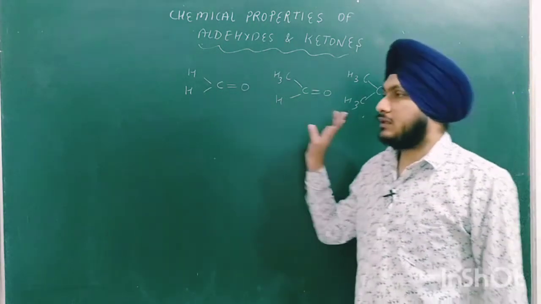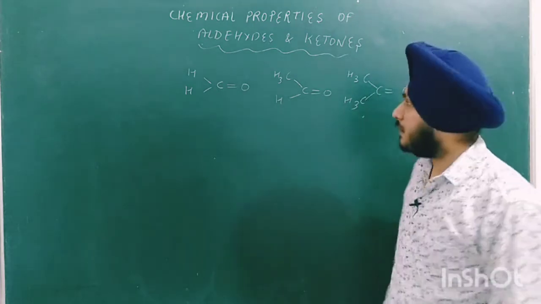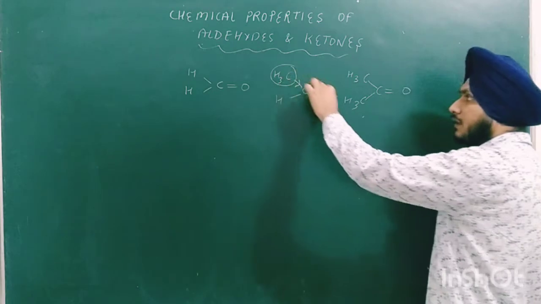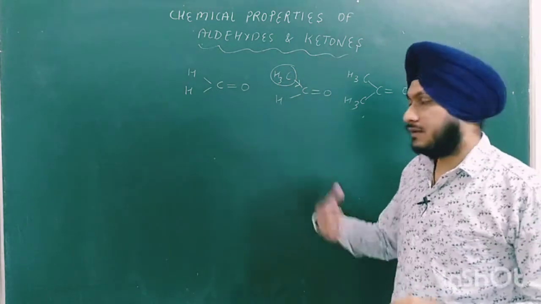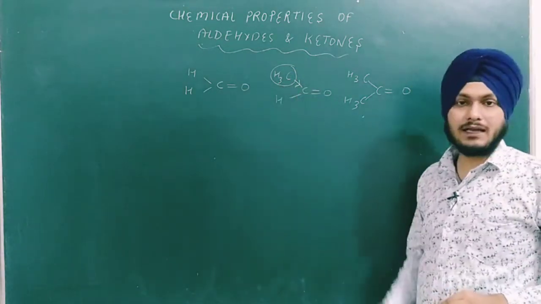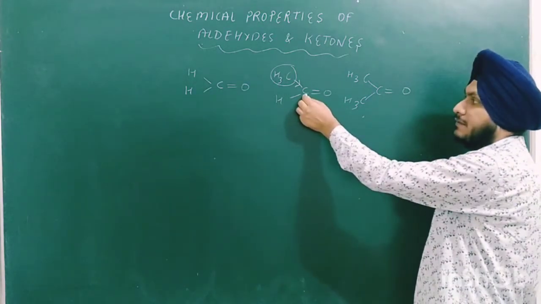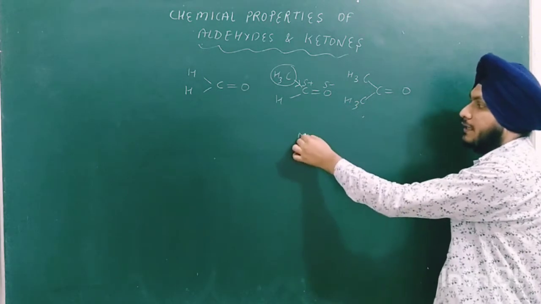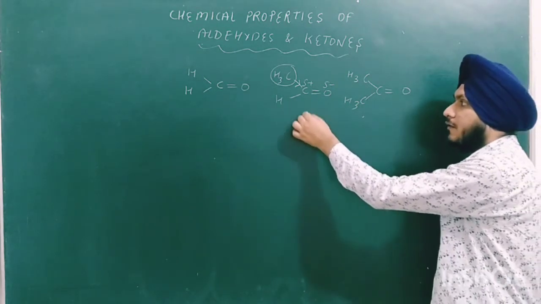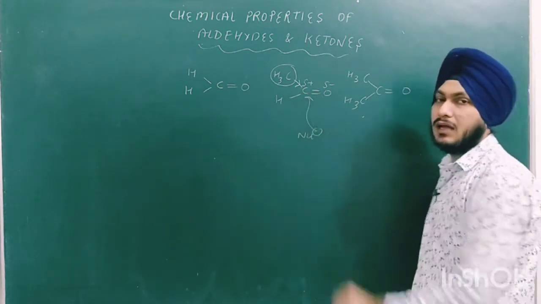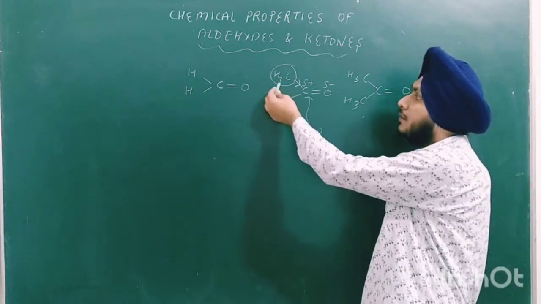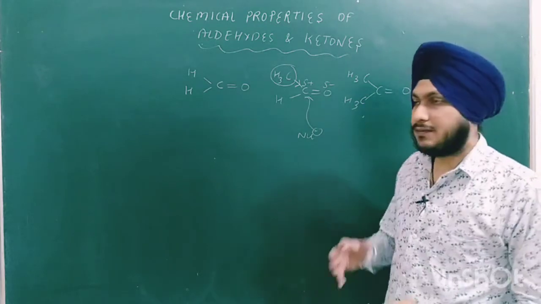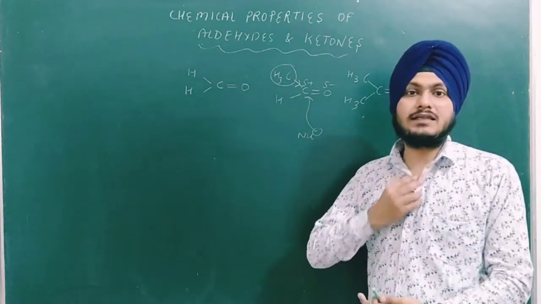Now we have to add a nucleophile. But here we have this plus I group present. The plus I group will donate the electrons and generate negative charge over here, because we want positive charge here. In order for the nucleophile to attack, we want the carbonyl carbon to have positive charge, but due to the presence of this CH3 group, the positive charge decreases. That is why the ease of nucleophilic addition reaction decreases.